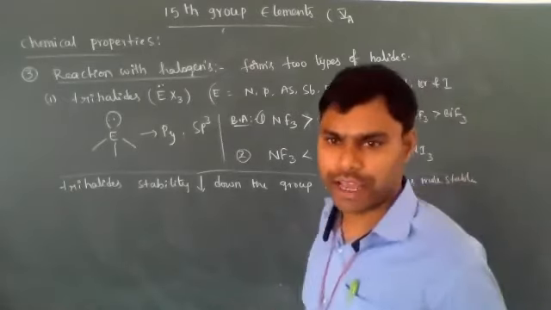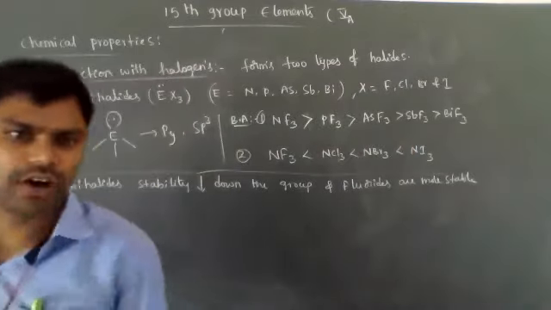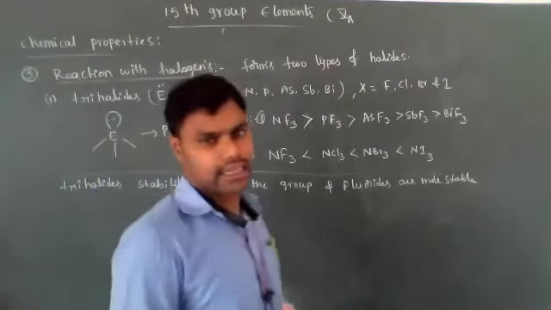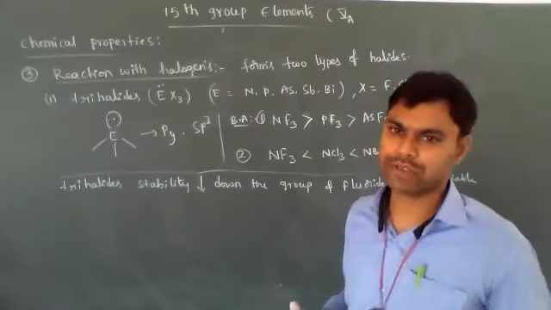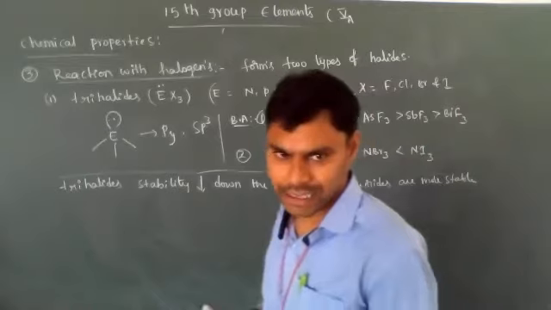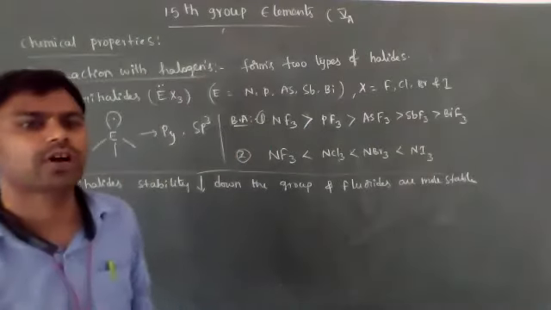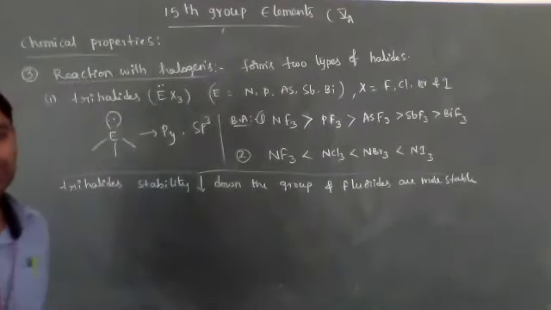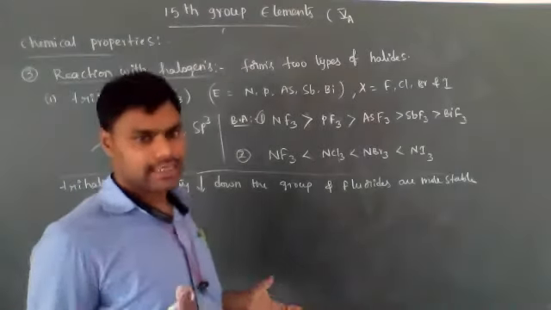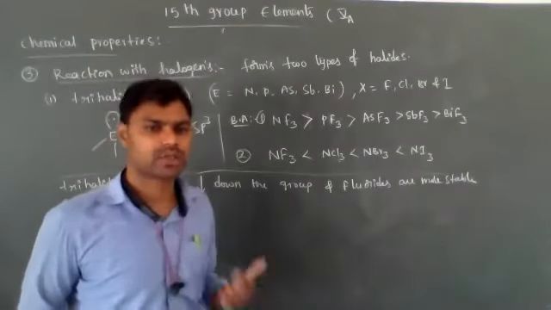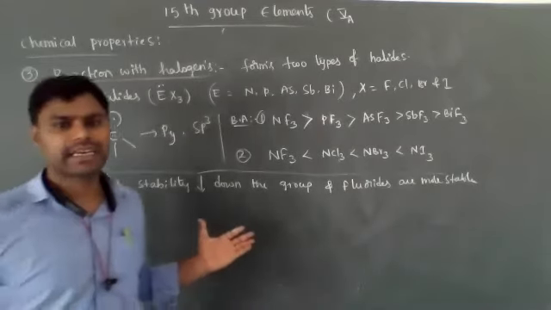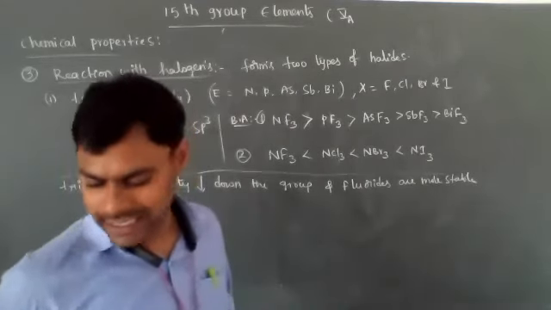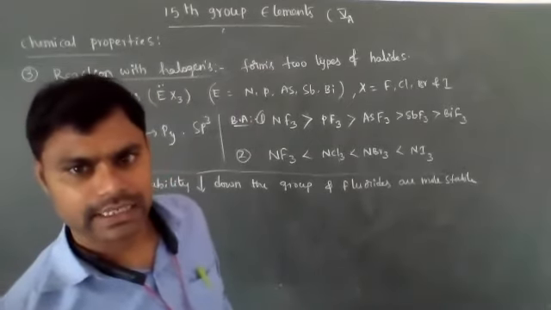Why are fluorides more stable? In fluorides the bond length is less. If bond length increases, then stability decreases, because bond dissociation energy decreases. Stability is directly proportional to bond dissociation energy. If bond dissociation energy increases, stability increases; if it decreases, stability decreases.